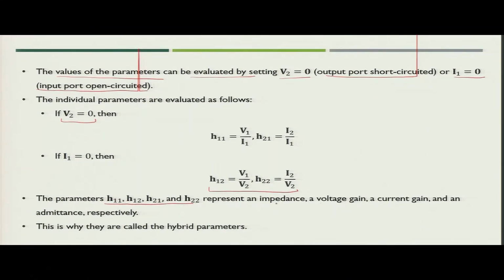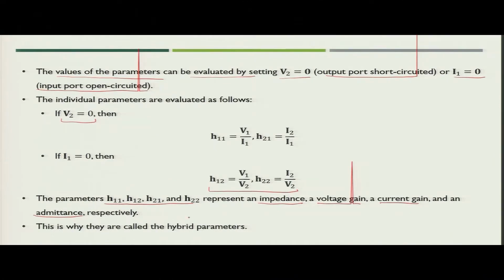Now, what do these parameters represent? H11 represents impedance because it is a ratio between V1 and I1. H12 is the voltage gain because this is a relationship between V1 and V2. H21 is the current gain because it is the ratio between I2 and I1, and H22 is the admittance because it is a ratio between I2 and V2.